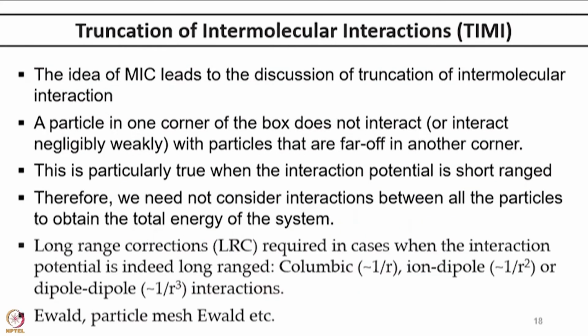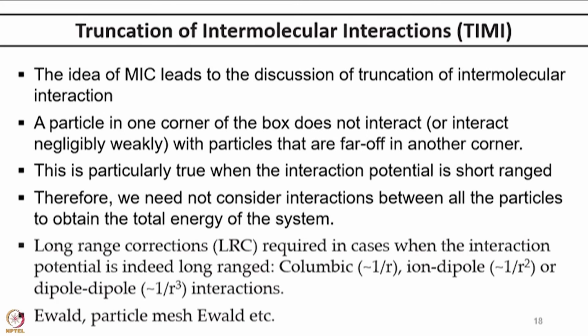Another thing that works very well with MIC is the truncation of the intermolecular potential. Many times we actually do not have to go all the way to the minimum image length, because intermolecular potentials are often short range, and the Lennard-Jones potential we might take up to the third neighbor or so.